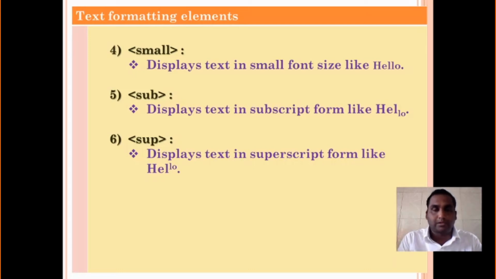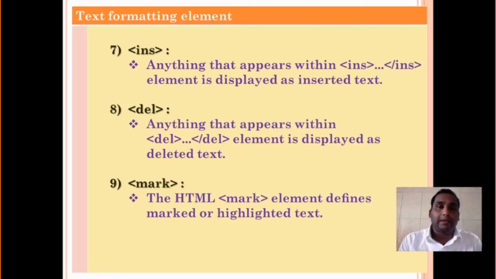Subscript means below the normal text, and sup displays the text raised above the normal text, in a superscript form. Okay, so these are some of the text formatting elements.